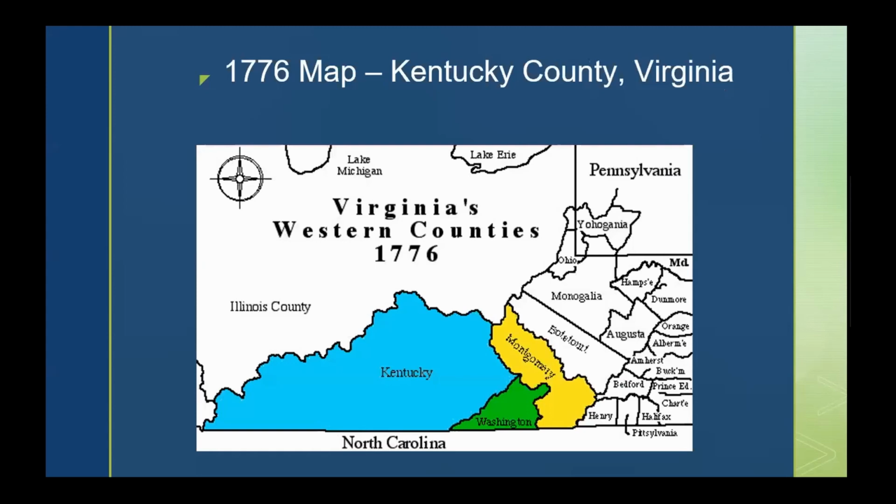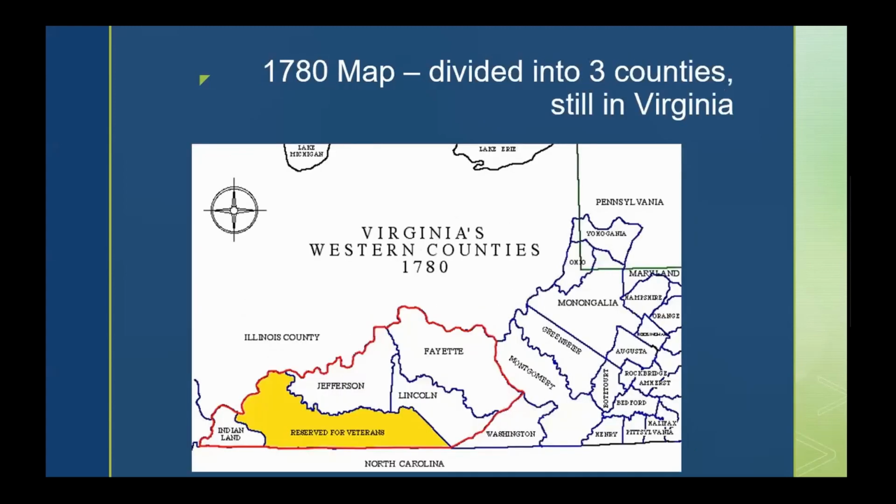And then Kentucky early history in maps in a couple of slides. So this is showing you what it looked like in 1776 when it was part of Virginia. So you've got Virginia over to the right-hand side of the screen, which would be east of Kentucky. And you can see that all of the area that is nowadays Kentucky was part of Kentucky County, Virginia.